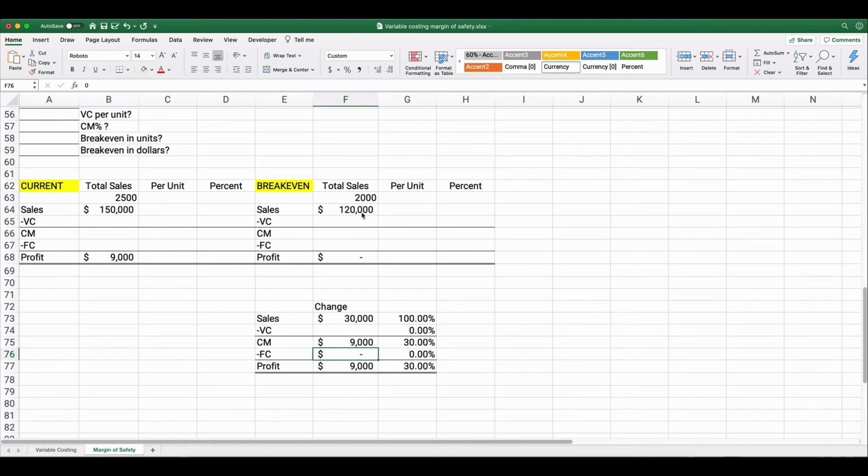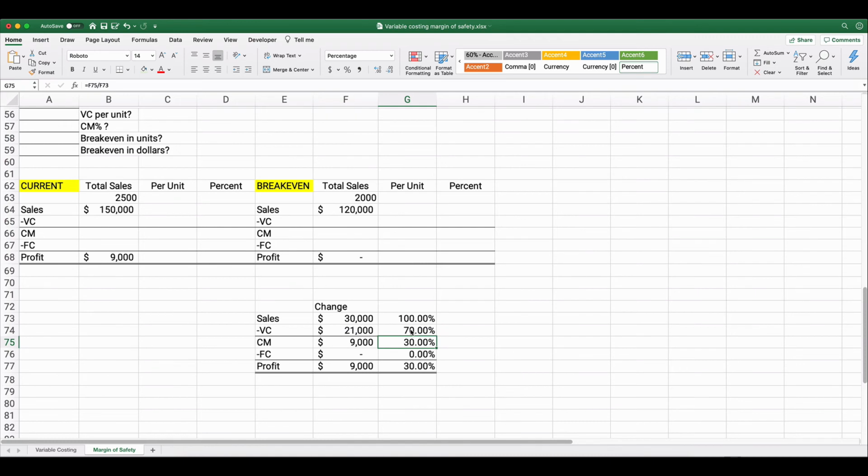Our fixed cost increases by 0. And so therefore, our contribution margin is 9. So 30 minus the 9, our variable cost must be 21,000. And if we do the percentages, we can do the 21,000 divided by the 30,000.